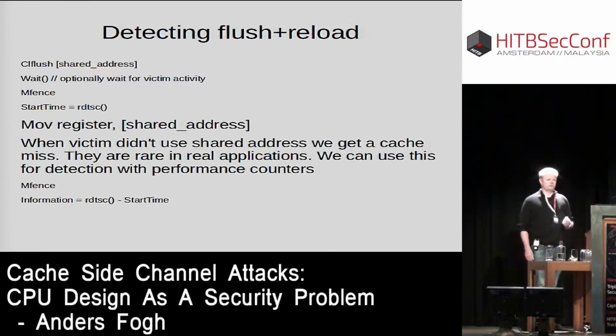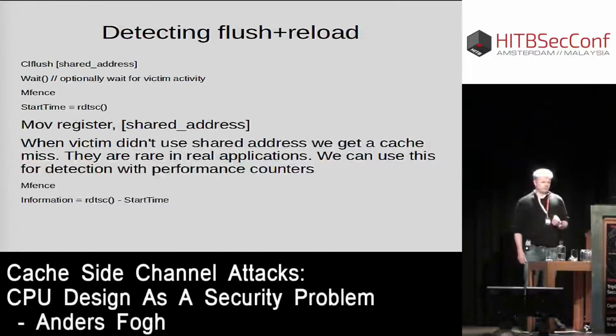So how do we detect this? Well, at the mov register, shared address, when the victim did not use the shared address, we get a cache miss here. In fact, if the victim uses the shared address that we just flushed, we'll get a cache miss there. The thing about cache misses is that they're rare in real applications.